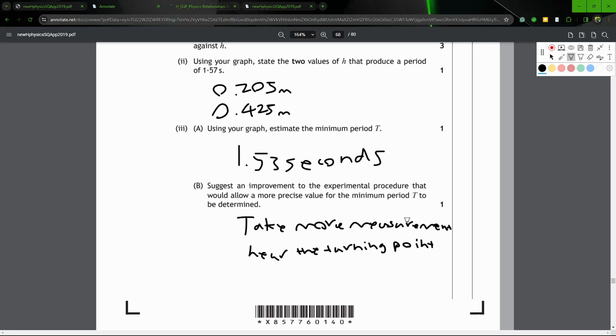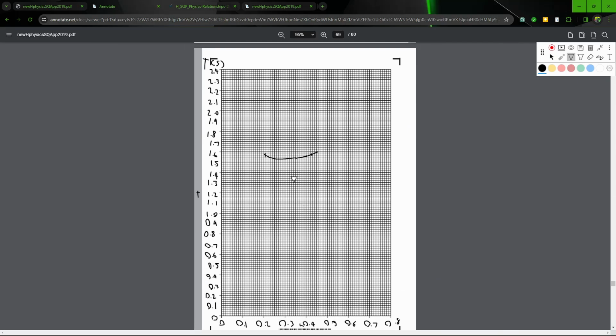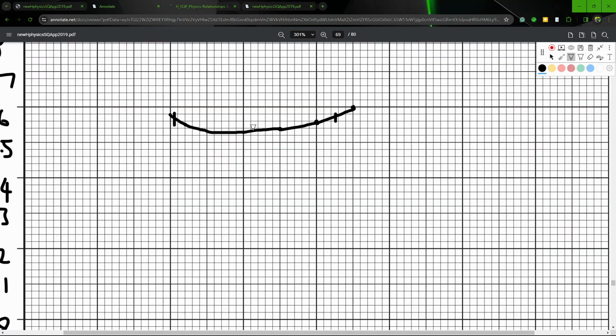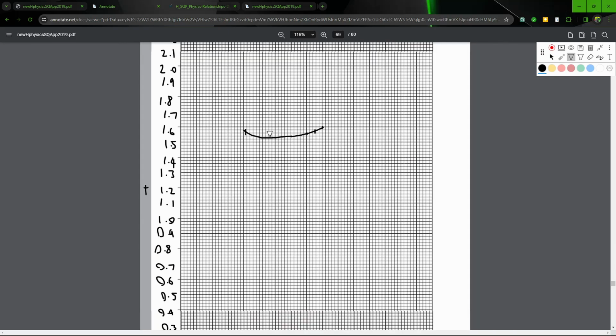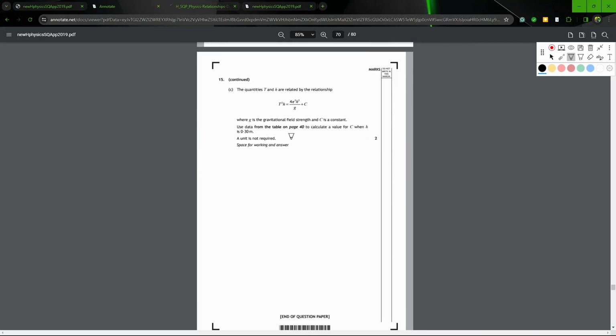So what I mean by this is you're going to have more measurements around here to get a more precise value, because as you heard, we kind of just joined it up kind of haphazardly. But if you actually went through and figured that out, you would get a better value.